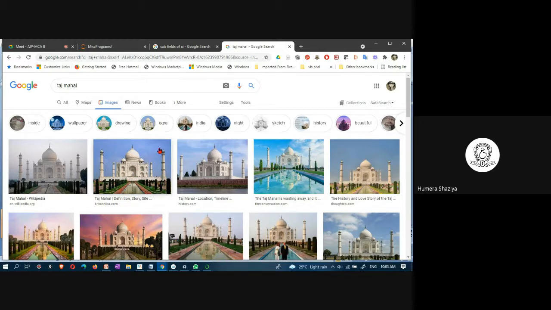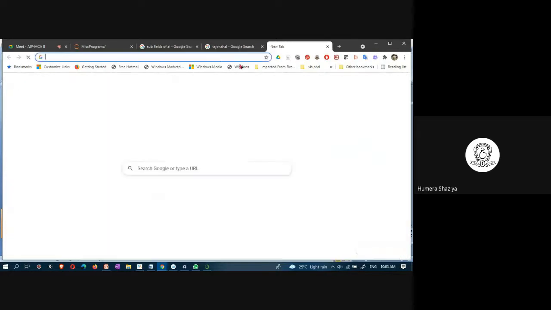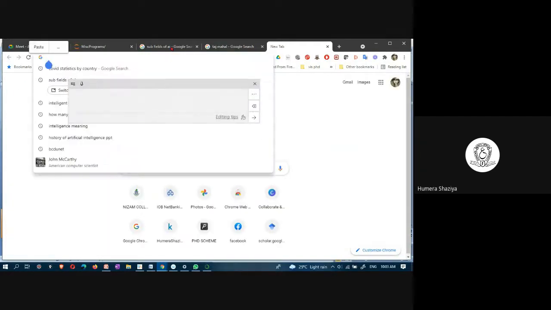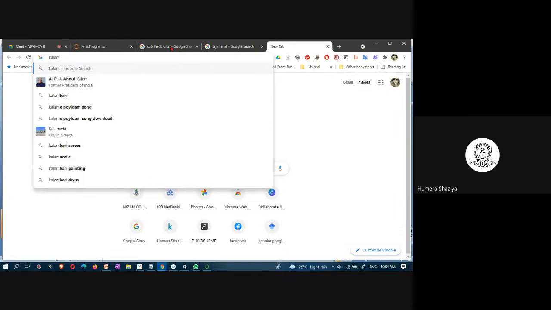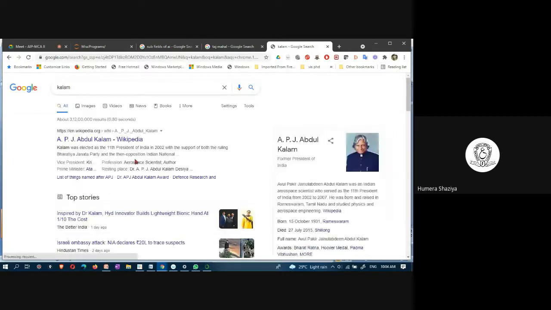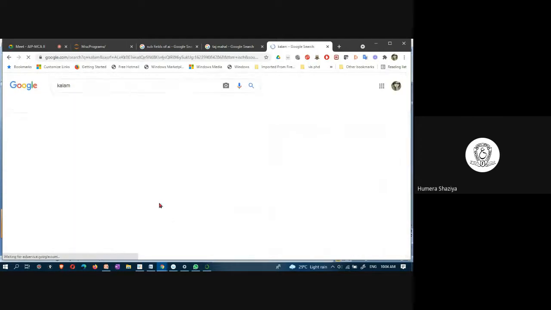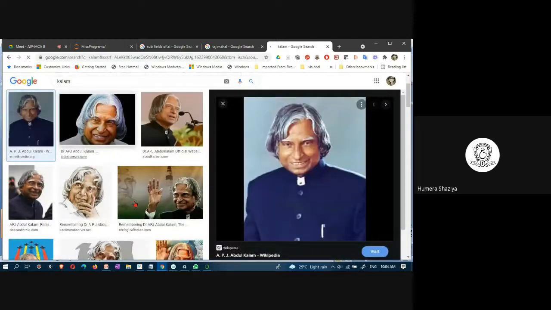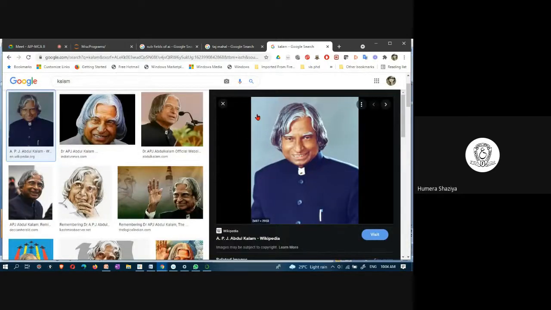And what do you know about this? You know that it is a monument in Agra, and there is a story behind this, all that. This is like vision. If I show you a photo of somebody, then you can identify. How can you identify? Because you know him.